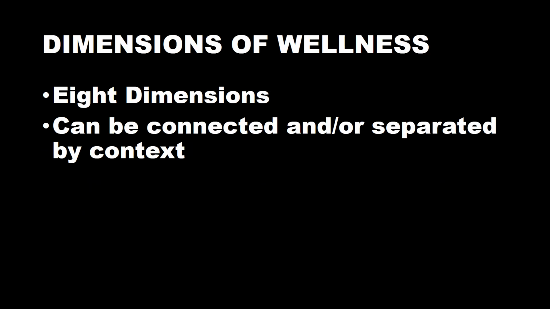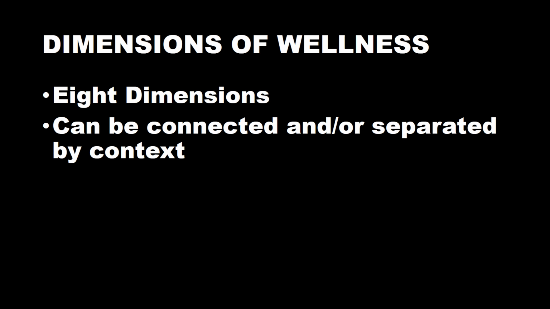There are, as I mentioned, 8 dimensions of wellness, and they can be connected and/or separated by various contexts. For example, what you eat is part of physical wellness. We'll discuss that in a second. But what you eat may be influencing how you feel about yourself, and therefore that influences your emotional wellness.